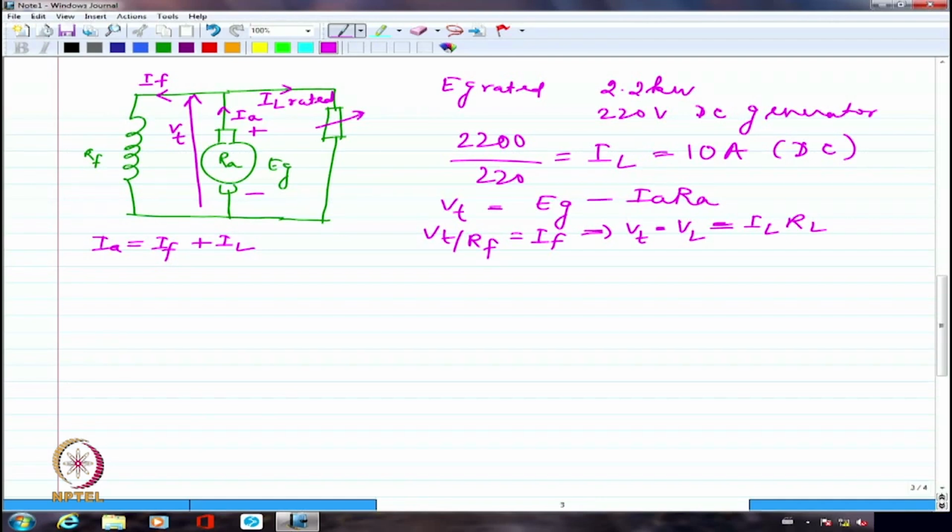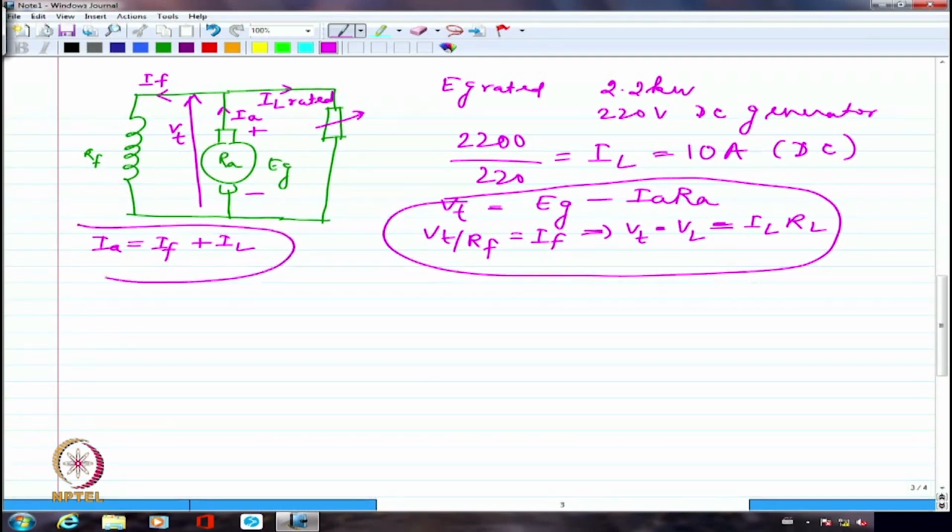So these are the equations which govern the operation of the shunt excited DC generator. All of them put together govern the operation of a shunt excited DC generator. Of course, we have the fundamental equation we initially derived, Eg equal to K phi omega, which is equal to K dash multiplied by IF multiplied by omega, if I assume that at that particular operating point phi is some constant multiplied by IF.